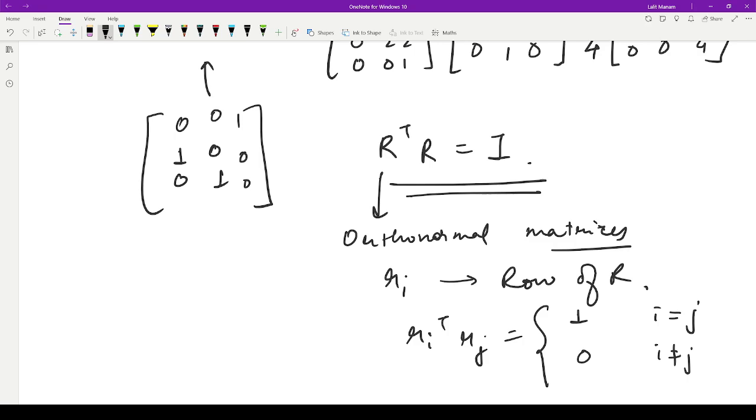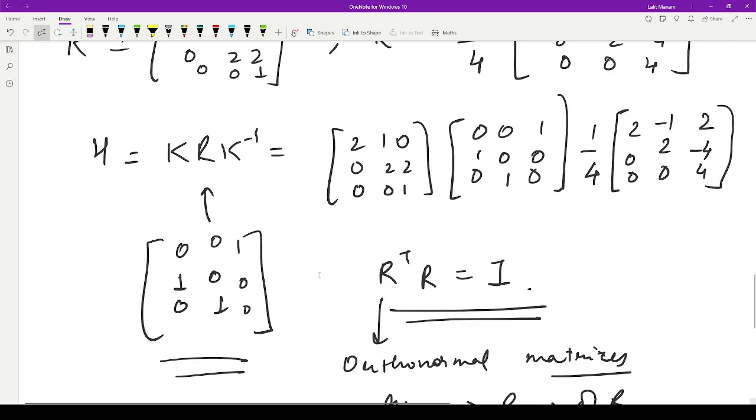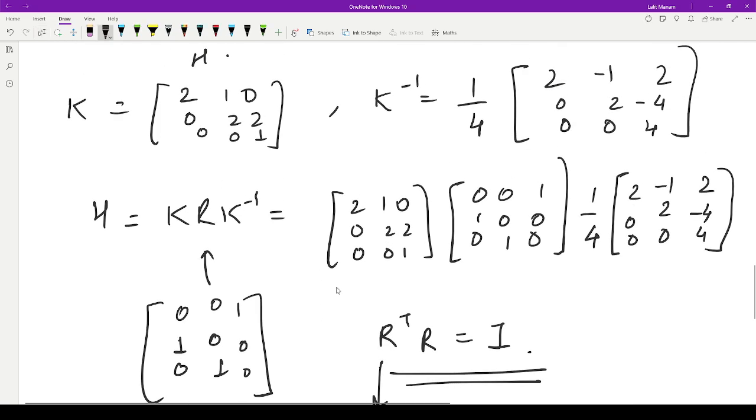Given this, can you now say that this is a rotation matrix? You can just try doing R transpose R and it will turn out to be identity. Yes, sir, it comes out. Okay, that's fine. So that's the reason these are not rotation matrices. Only this one, the middle one, is a rotation matrix. You can see my cursor, right? Yes, sir.